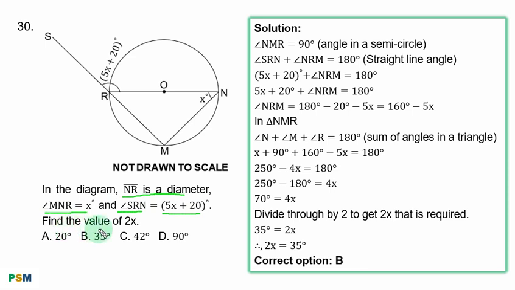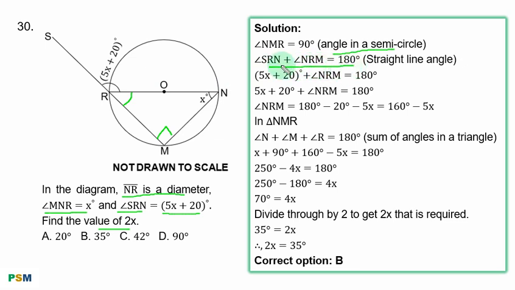Find the value of 2S. Solution. This angle is 90 degrees because N arrow is a diameter. You have angle in a semicircle. We also need this angle.